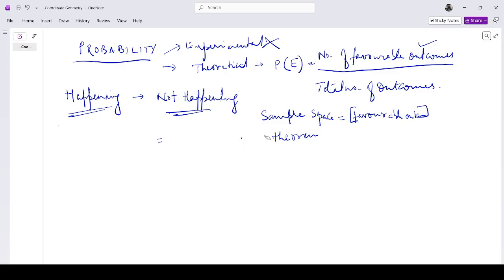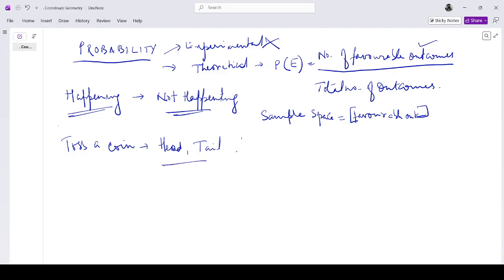Let us see a simple example. If we are going to toss a coin, there are two faces in this coin: one is called head and the other is called tail.